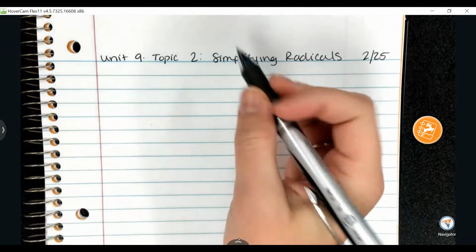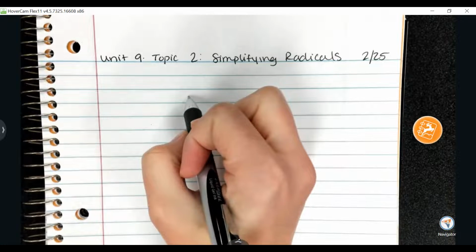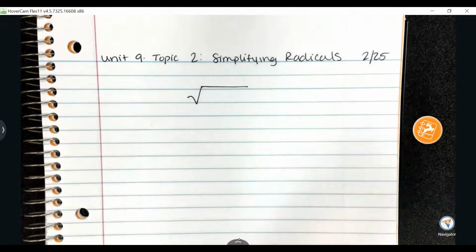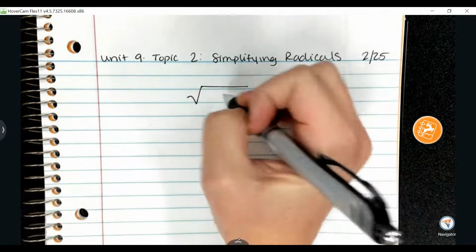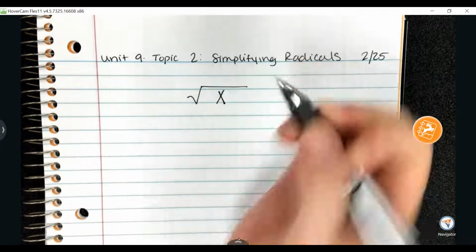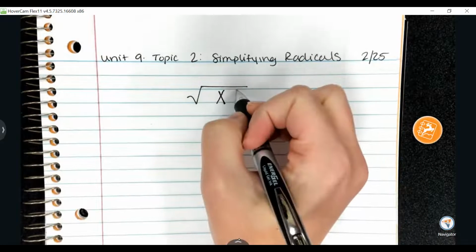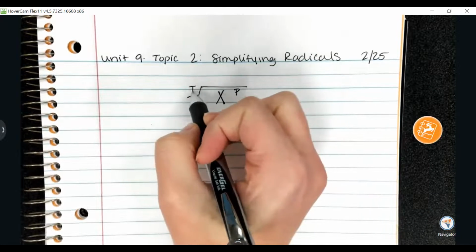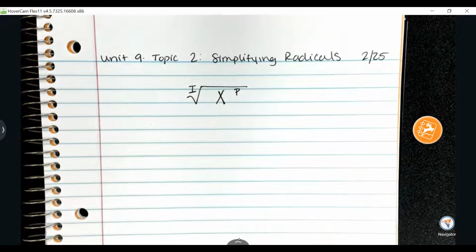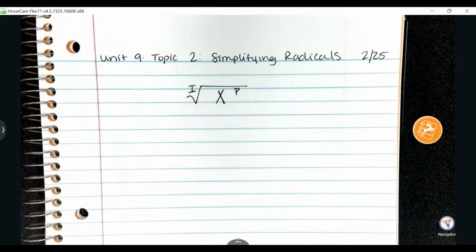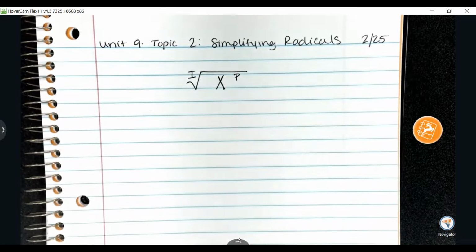So we're going to have a square root. I'm going to write it a little big. You don't have to write it too big, okay? Inside we have an x. And then we're going to have, of course, our power and our index, okay? So our power and our index.